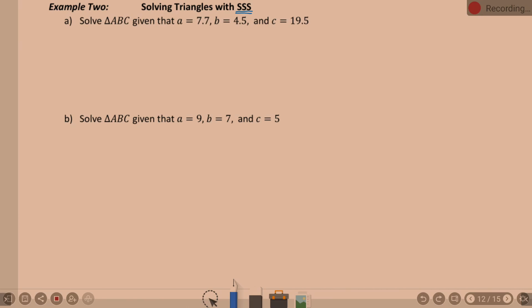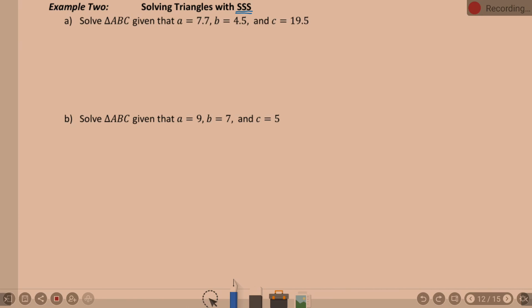When you're finding angles, you always find the smallest angle first. We've got three angles to find here. You must find the smaller angles first. And the other point was that two sides of a triangle must add to be larger than the third. What does that mean if they don't? There's no triangle.